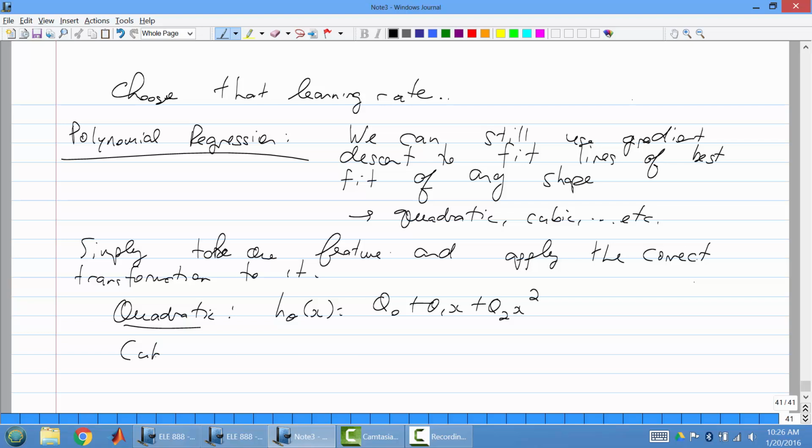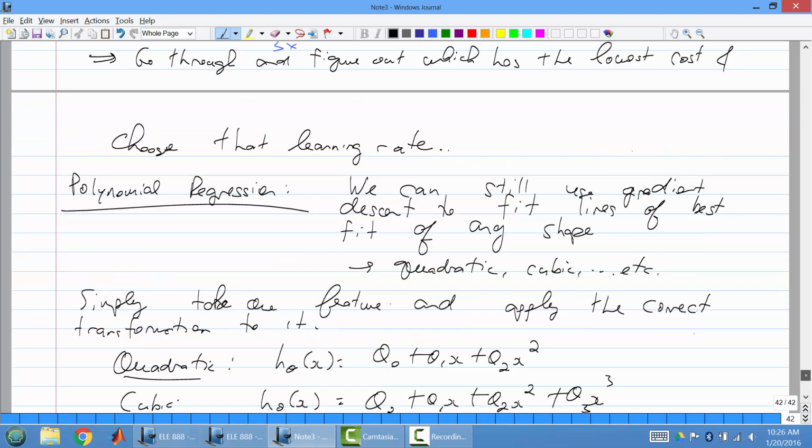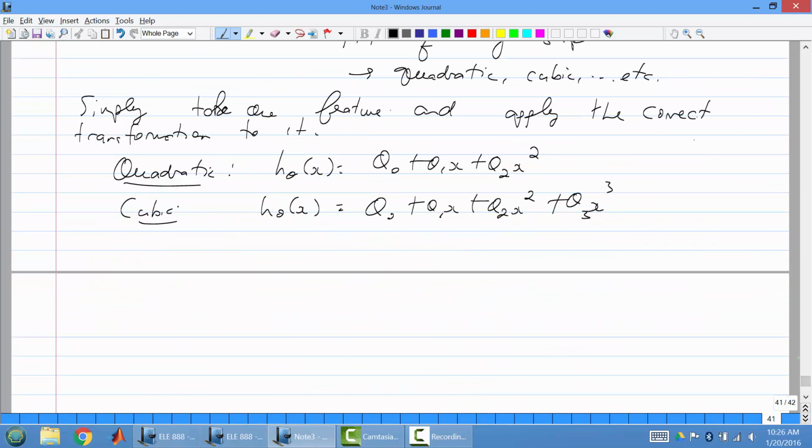Or a cubic, you want to introduce another feature, which has the cube term. So theta 0 plus theta 1 x plus theta 2 x squared and so on, all right? So this is good if you just have one feature and if you want to introduce more degrees of freedom in order to be able to predict the right line.